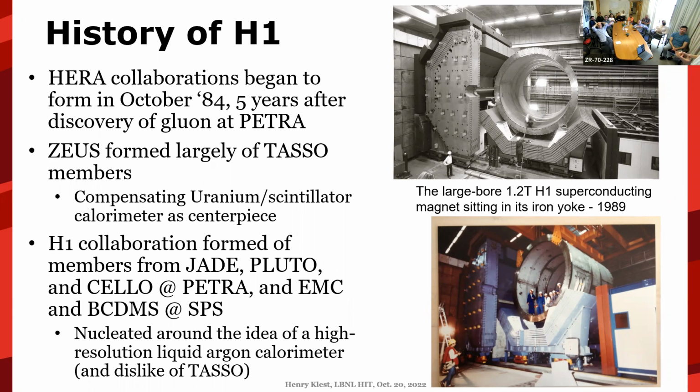They had the idea that for these high energy, at the time, ep collisions, what you really wanted was a compensating uranium scintillator calorimeter as the centerpiece of your experiment. H1 formed of everyone else: the other 3 PETRA experiments, as well as people from EMC and BCDMS at the SPS. And they nucleated around this idea that what you want is a high resolution liquid argon calorimeter. And also their dislike of the people from TASSO.